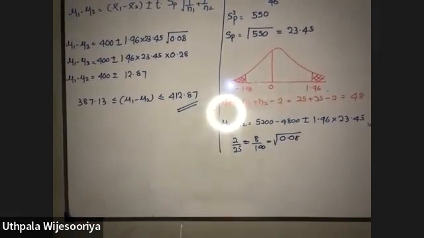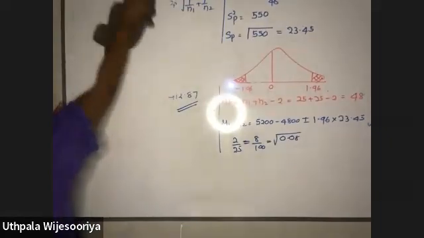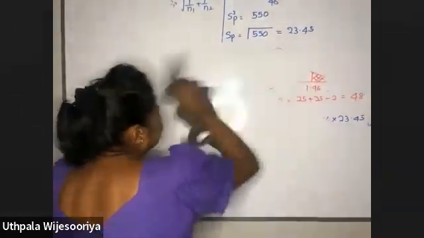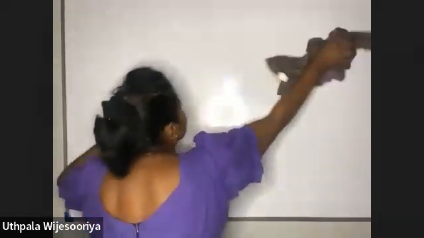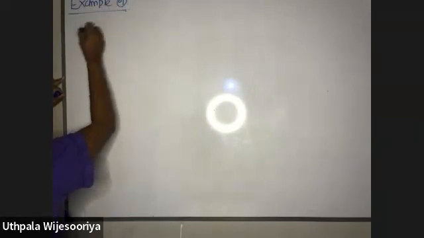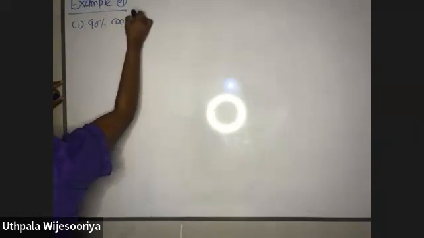In a normal distribution, this is your method. Example one, 90% confidence interval.